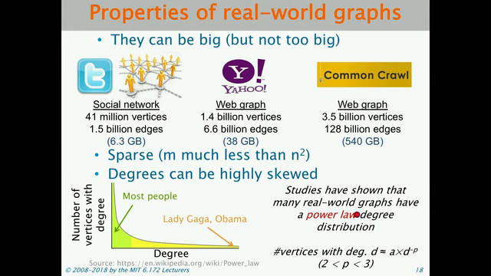For many graphs, the value of p lies between 2 and 3. This power law degree distribution has implications when we're implementing parallel algorithms to process these graphs, because with graphs that have a skewed degree distribution, you could run into load imbalance issues if you just parallelize across the vertices. The number of edges they have can vary significantly.